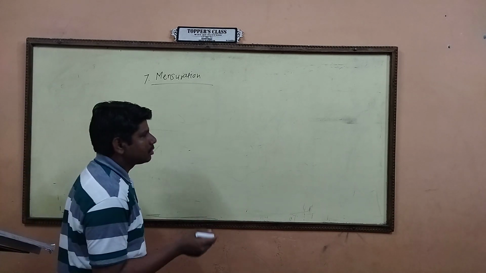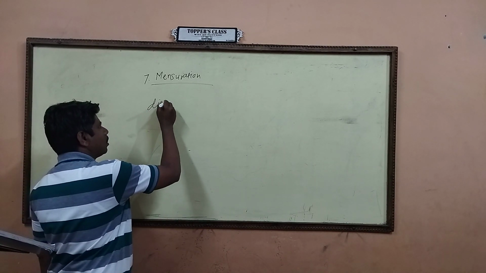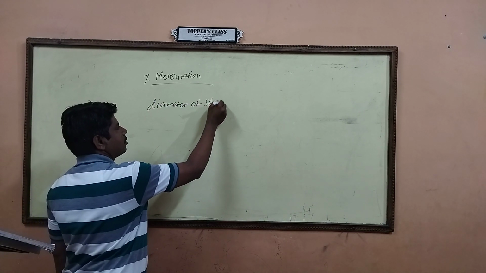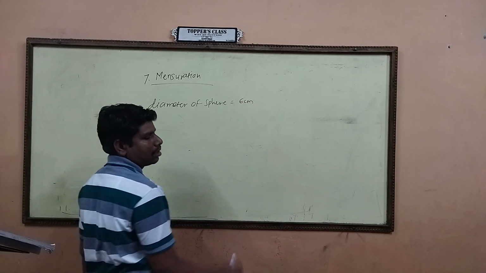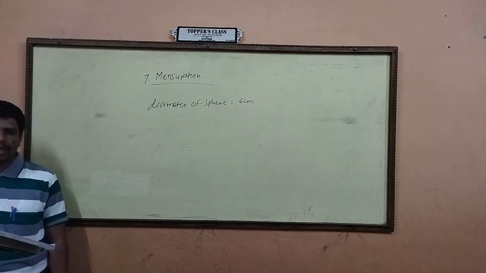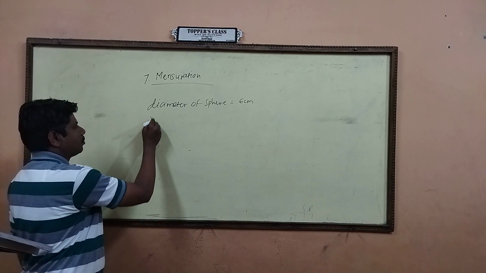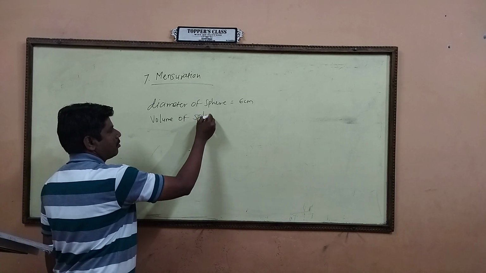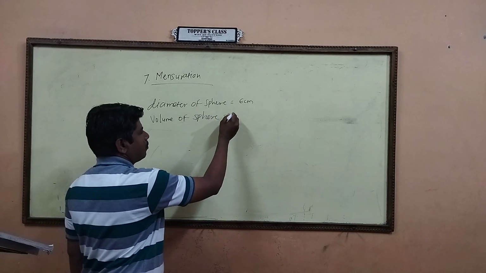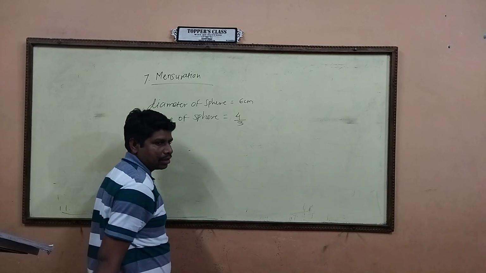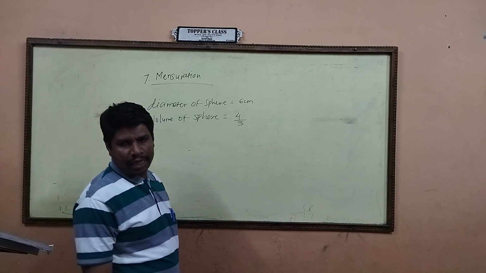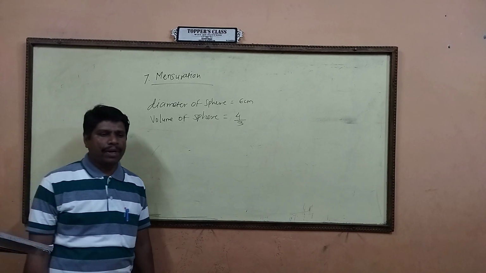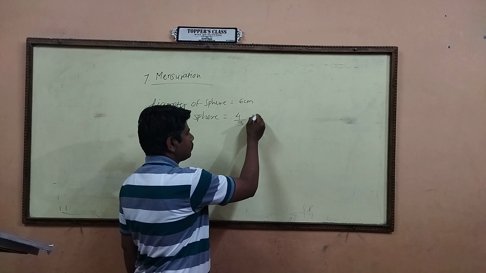So the diameter of the sphere is equal to 6 centimeter, and we have to find the volume of the sphere. You should know the formula: volume of sphere is 4/3 pi r cube, not surface area.